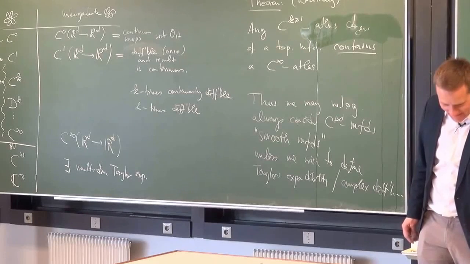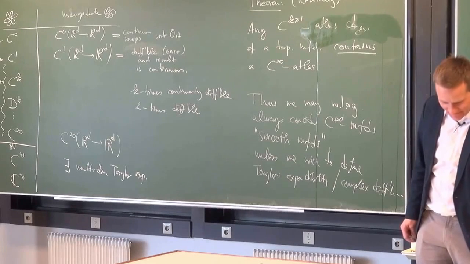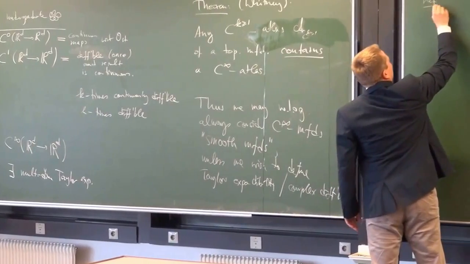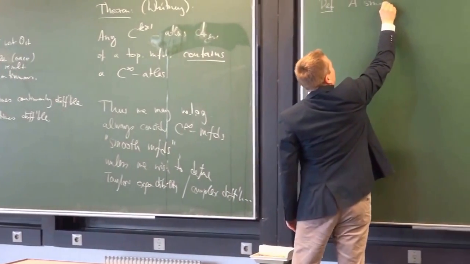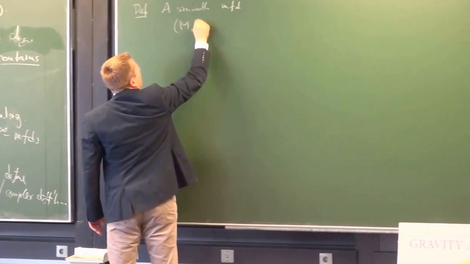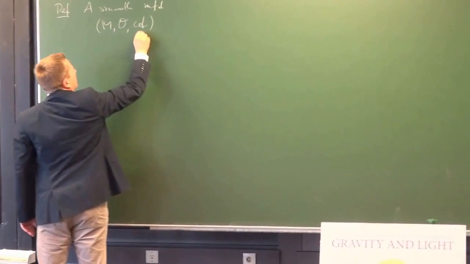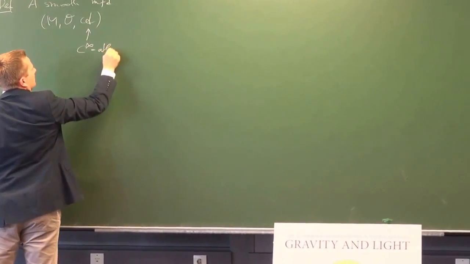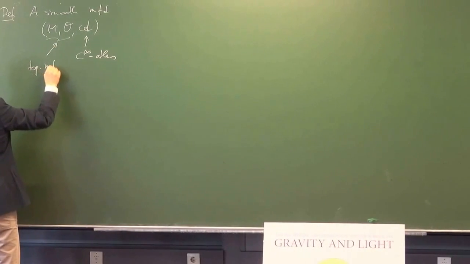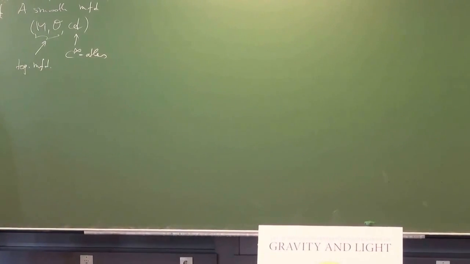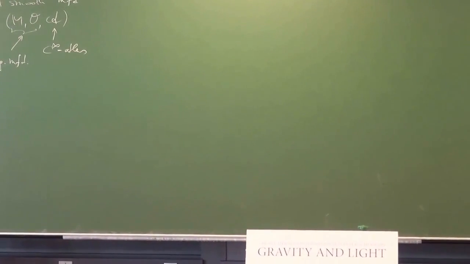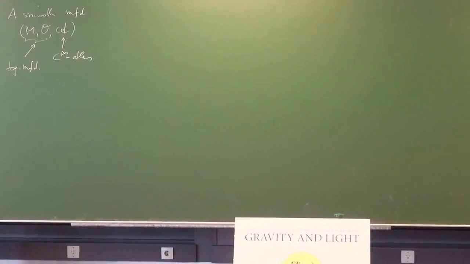Okay, good. Well, it's already said, but maybe once more: a smooth manifold is a triple (M, O, A), where A is a C infinity atlas, and (M, O) is a topological manifold. And you see, the only thing that distinguishes a smooth manifold from a topological manifold is the provision of extra structure.